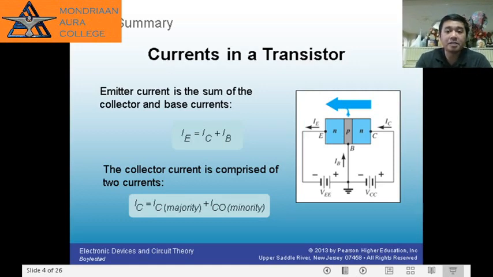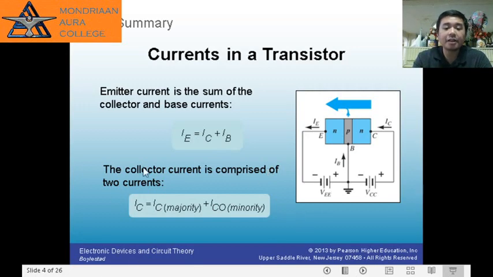Ano ba yung lumabas na kuryente? I sub E. Therefore, isulat natin dito yung I sub E. Ano yung mga pumasok na kuryente? I sub B and I sub C. Kaya meron tayong I sub E is equal to I sub C plus I sub B. This is also the same for PNP.